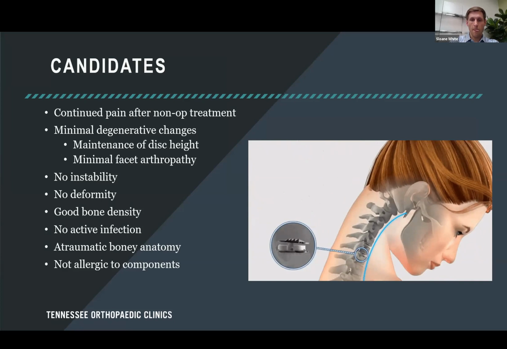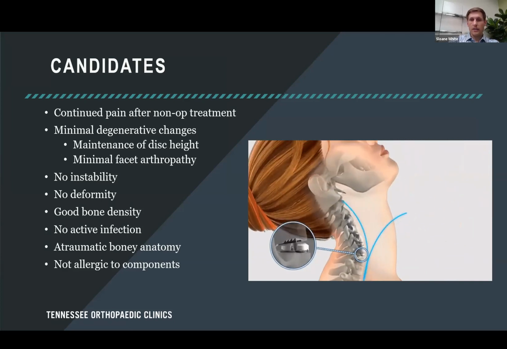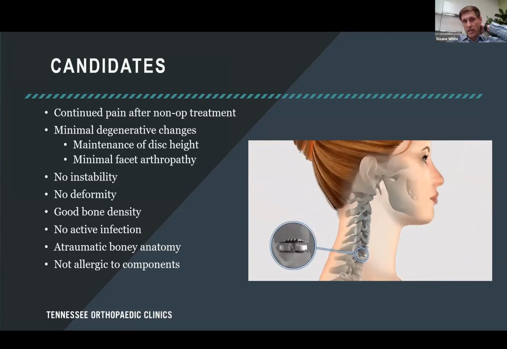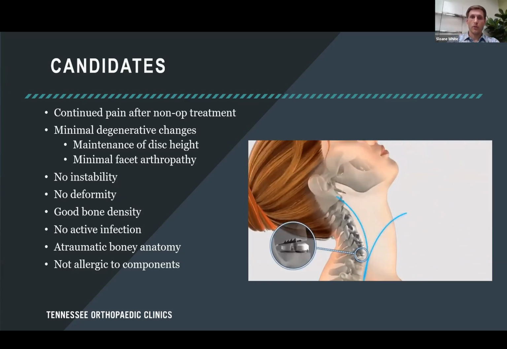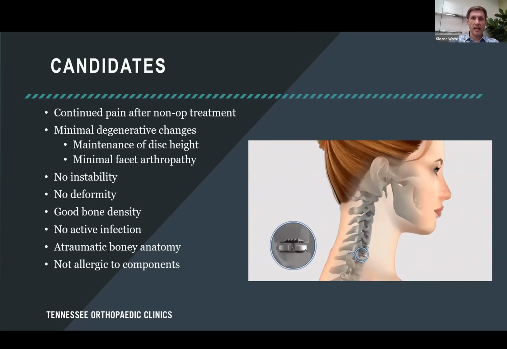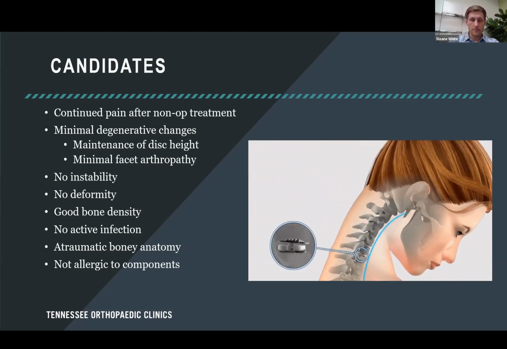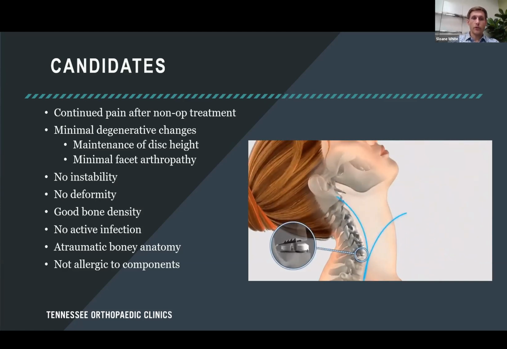Along with this, there can't be any signs of instability where there's abnormal motion at the level of the spine, and no deformity such as from trauma where the vertebral bodies or the joints in the back are not normally shaped. Furthermore, you need to have good bone density.